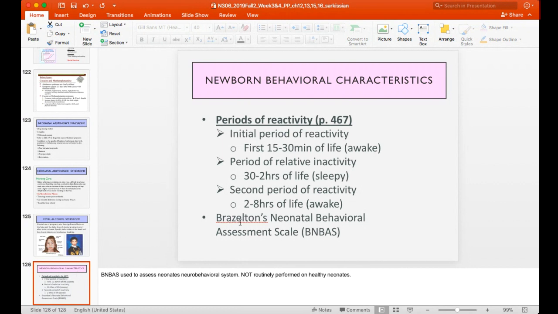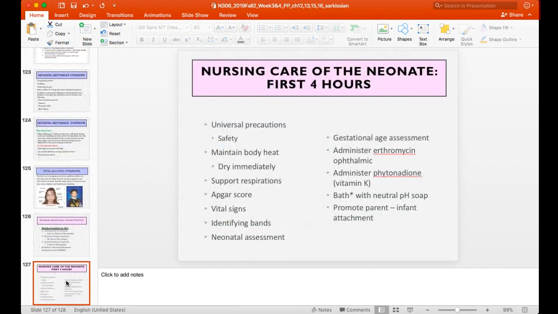If you see the Brazelton Neonatal Behavioral Assessment Scale, realize that it's being used to assess neonates' neurobehavioral system, but in general, if I have a normal, healthy baby, I might not need to be assessing its neurobehaviors, okay? So just normal nursing care for a neonate in the first 4 hours of life.